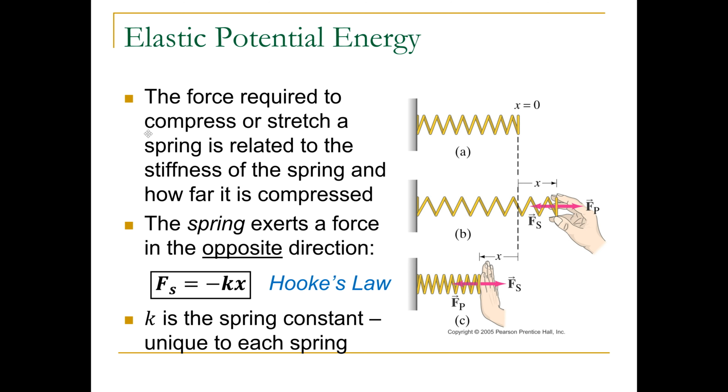This leads us to what's known as Hooke's law: the force that the spring exerts is equal to negative kx, where k is our spring constant. Again, that's related to the stiffness of the spring. And x is how much the spring is stretched or compressed. You can think of it as the displacement of the spring. So if you're stretching it to the right, the force from the spring will be to the left.